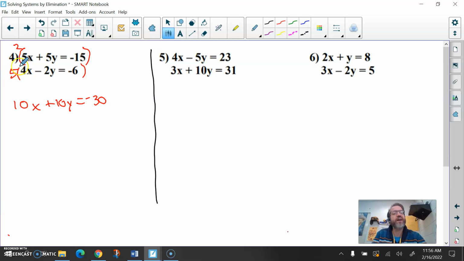And so here we go, 5 times 4x, the distributive property. 5 times 4x is 20x minus 5 times 2y, that's 10y, equals, and then 5 times negative 6 is negative 30. Look at that, I have negative 30 in both of these. All right, now I can add these together, which will cause the y's to cancel out.